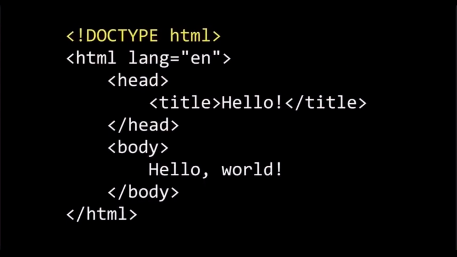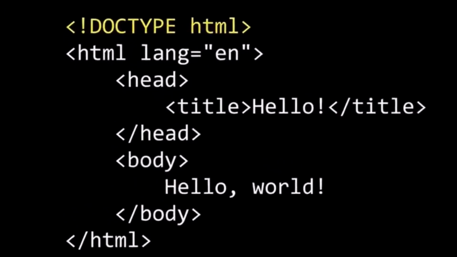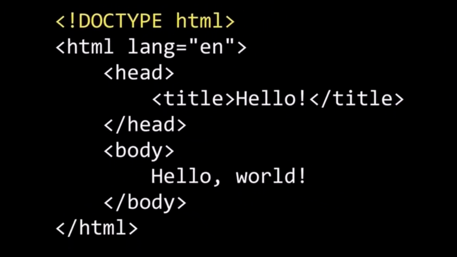First, we have the doctype html. This is called the doctype declaration, and it tells the browser the version of HTML you are using. In this case, we are using HTML5, and this is how to declare to the web browser that you are using HTML5: open angle bracket, exclamation mark, doctype html, and then closing angle bracket.